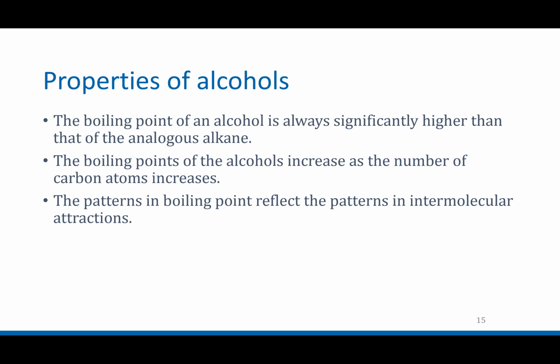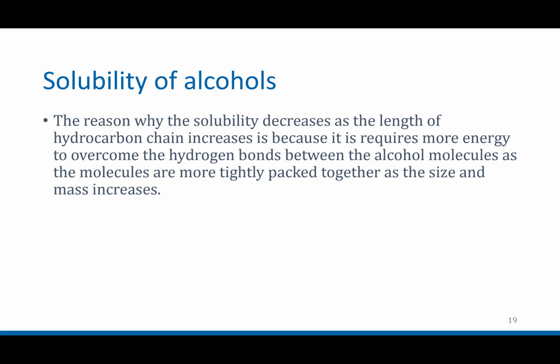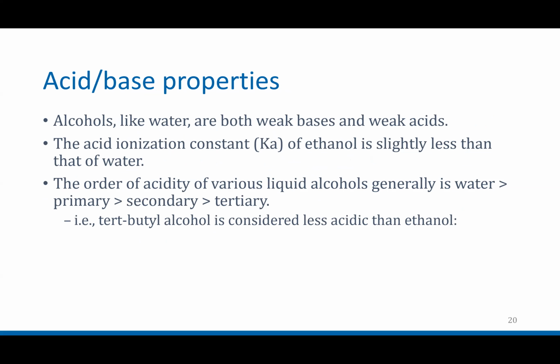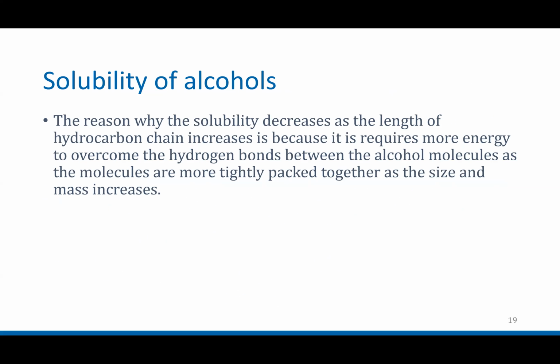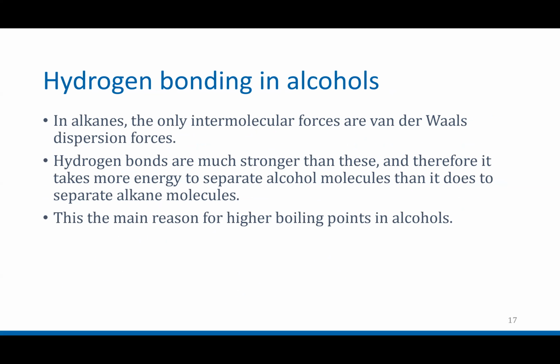Okay, so that brings me to the last part of today. We will talk more about this on Monday, but you will have a lab on Tuesday about the properties of alcohols. We're going to look at boiling points, hydrogen bonding, solubility, and acid and base properties. That's your last lab.